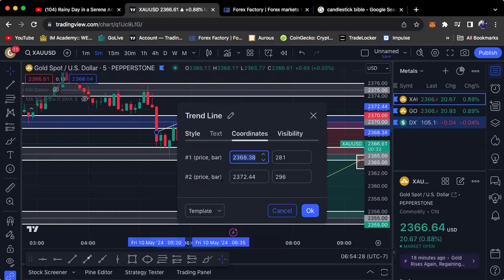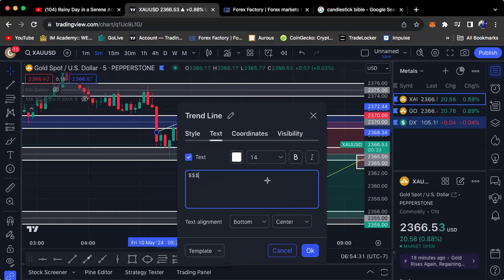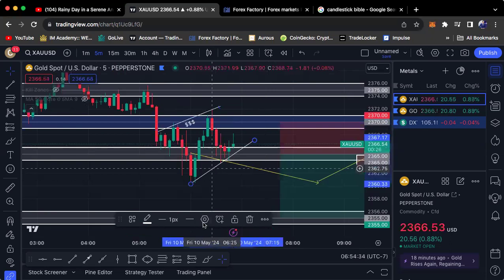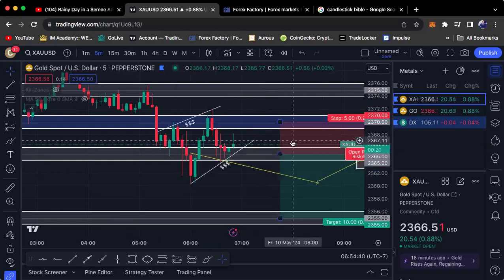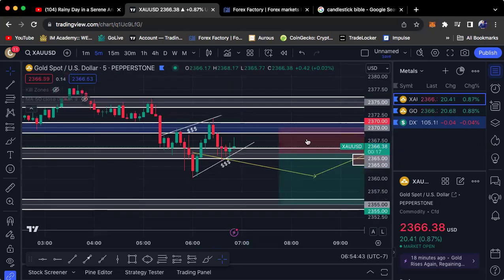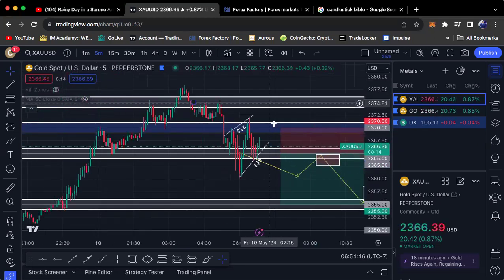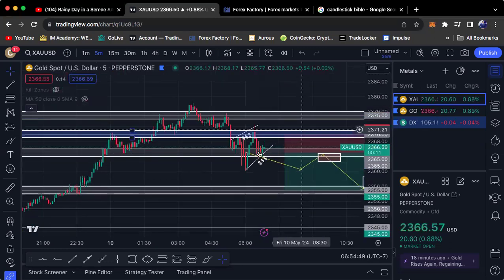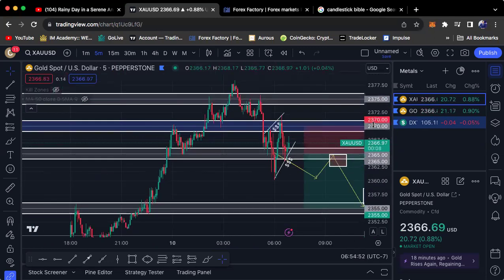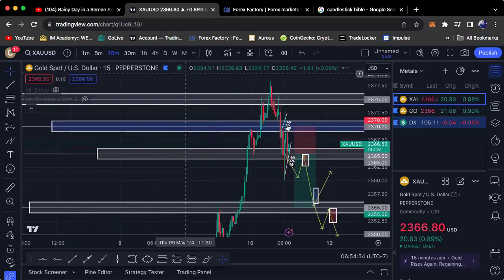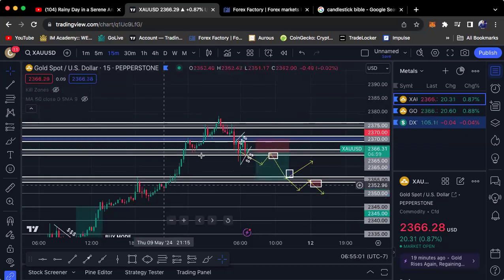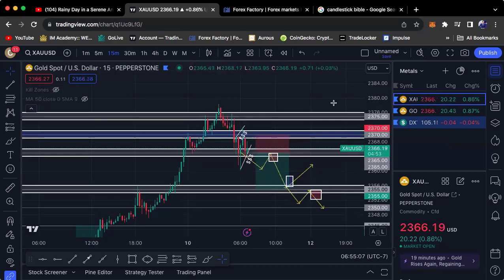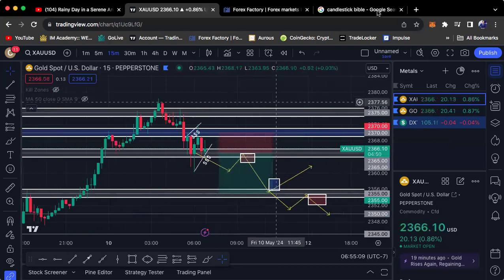This is liquidity. And this is all liquidity as well. All these buyers, it's all liquidity. There's liquidity up here as well. So where's the money?